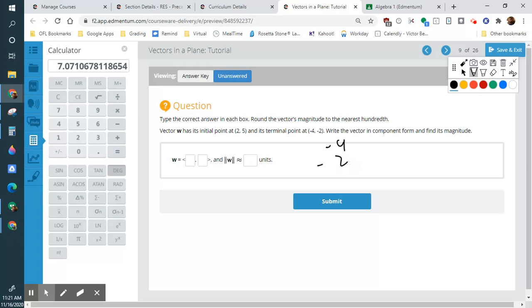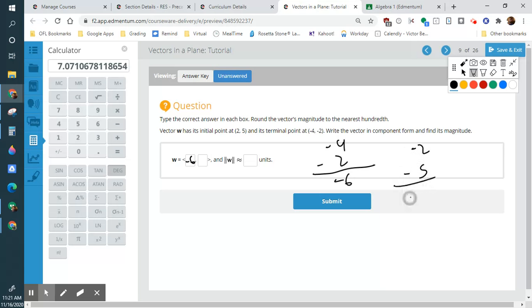So now I'm going to subtract the 2. My x value, if I have negative 4, take away 2, I get negative 6. So in other words, I went down 6. So this is negative 6. And then I'm going to do my y values next. So I go negative 2 minus 5.